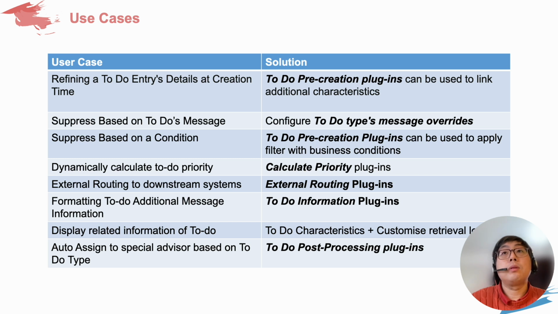Information plugin, which basically you can show the to-do in a particular way. So you know all the objects in the system, you are able to define what the information link looks like.